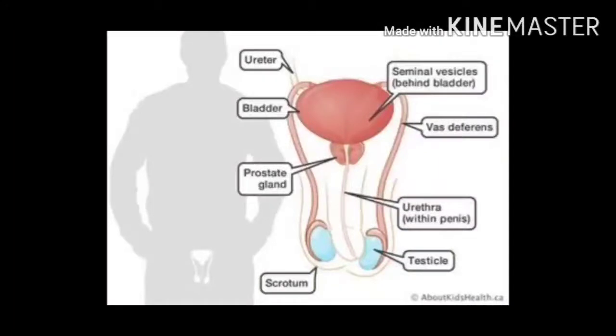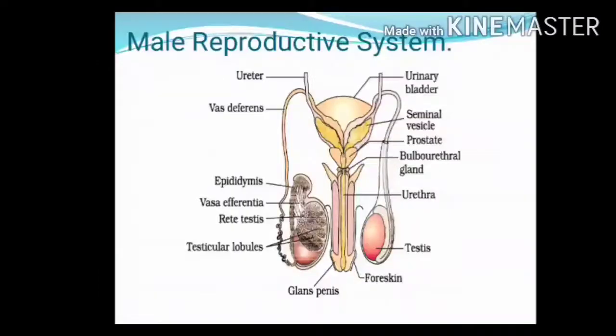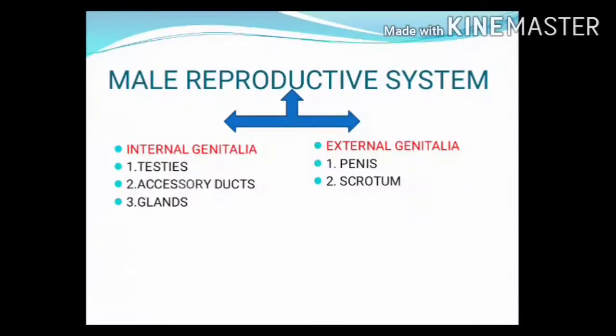Now today we are going to study about the human male reproductive system. The reproductive organs of the male are located partly in the abdominal cavity and partly outside the abdominal cavity. The organs located in the abdominal cavity are known as the internal genitalia.